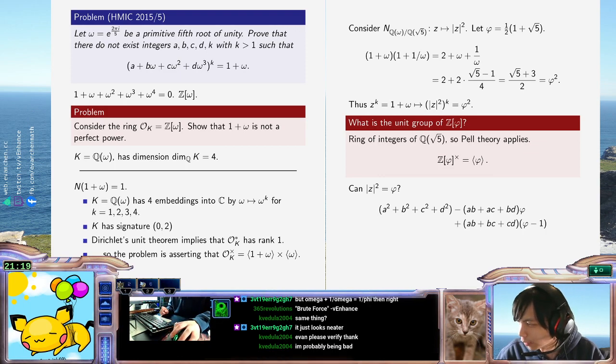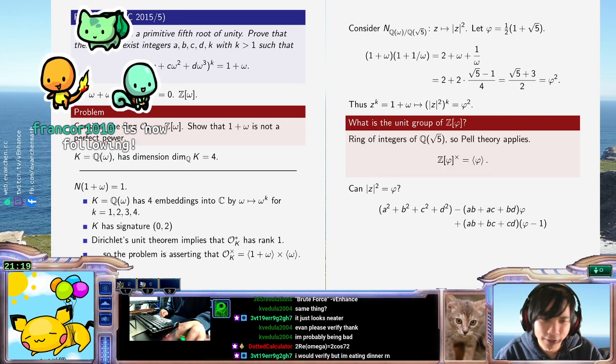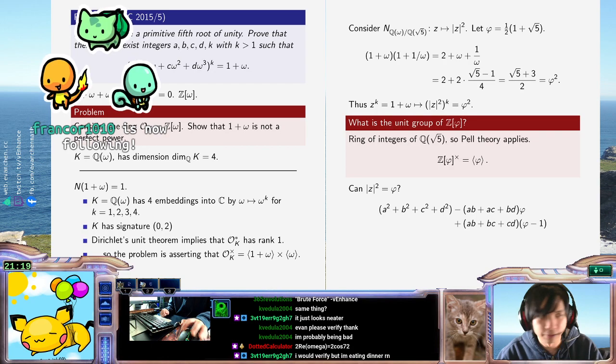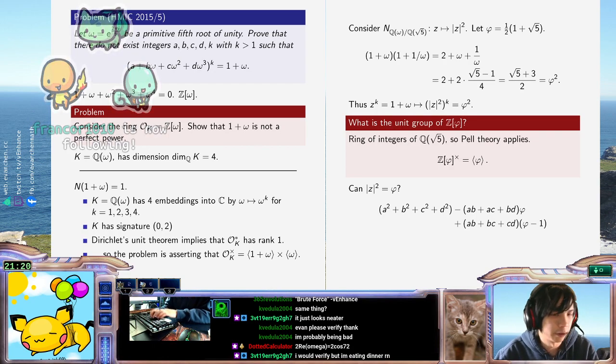Okay, so a plus b over omega. Yeah, wait, this ac coefficient is not... I'm already having a discrepancy, sorry. That being said, I don't think we should use abcd as the variables anyways. Thank you, Francor1010 for the follow.